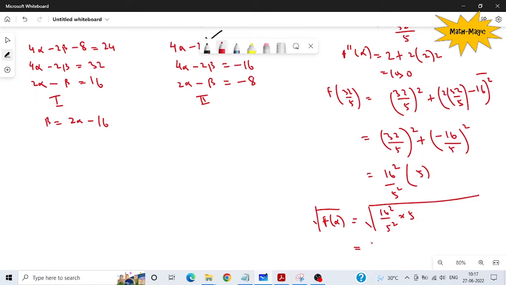So this turns out to be 16 by 5 root 5, which is equal to 16 by square root of 5. This is the answer from the first case.